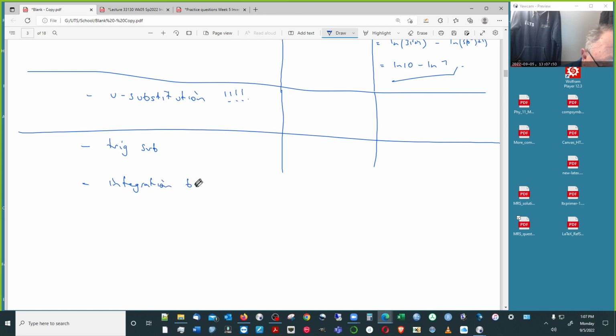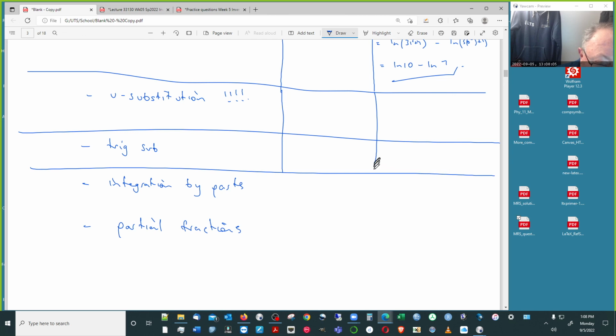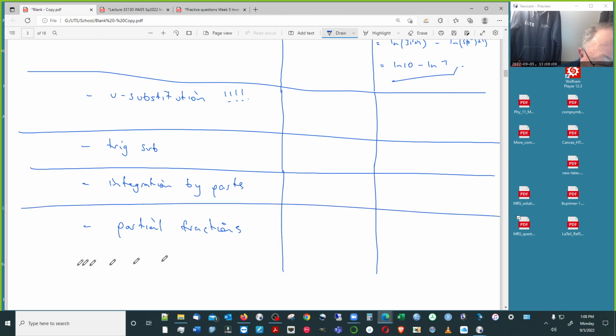And partial fractions. And you need all of those to do the next parts. Alright, so that's a map, and that pretty much rounds out your integration.